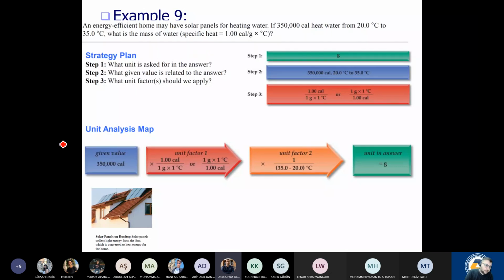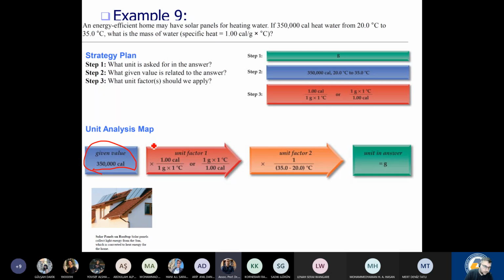So first you write the calorie as a given value. Then you must multiply by this specific heat, because here there's a calorie. If you multiply by this one, you cannot cancel calorie. So you must divide it, as you see, to cancel the calories.